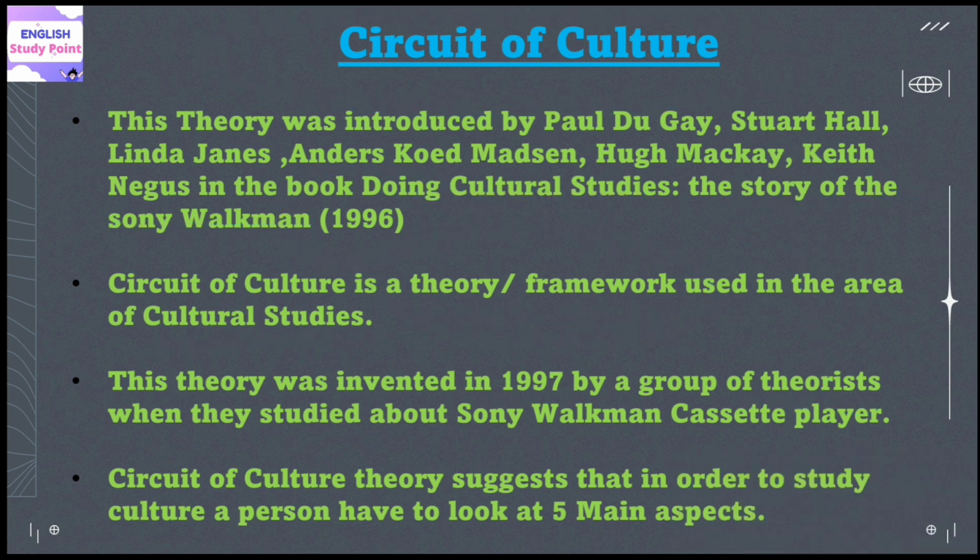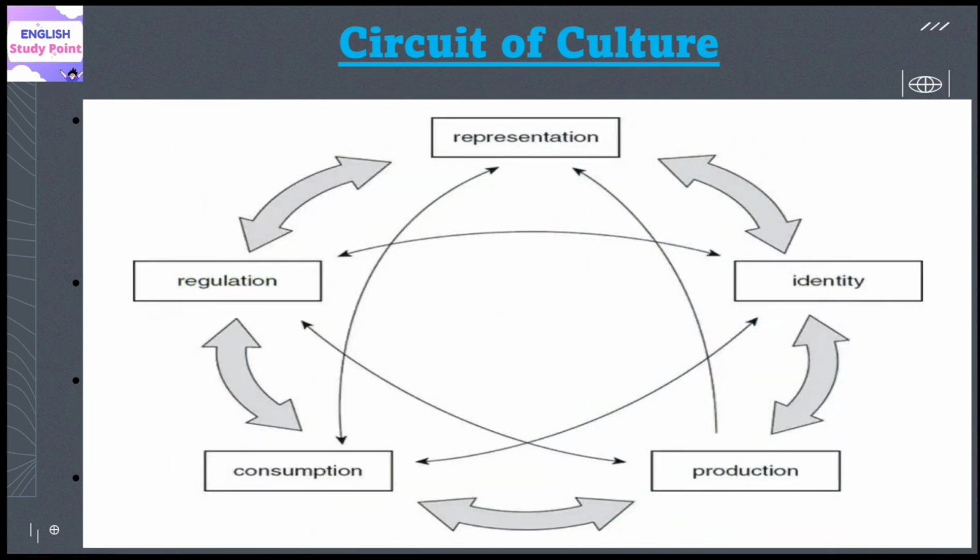Then, circuit of culture theory suggests that in order to study culture, a person has to look at five main aspects. So it is a kind of tool of analysis which suggests that in order to study cultural texts or artifacts, a person should look at five aspects like representation.